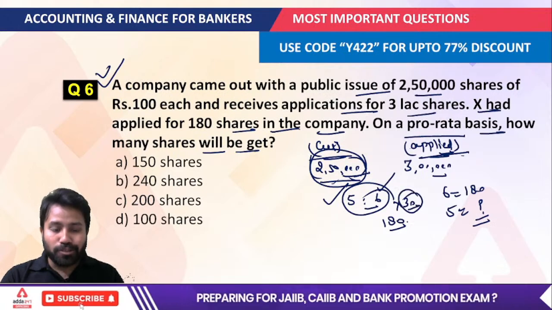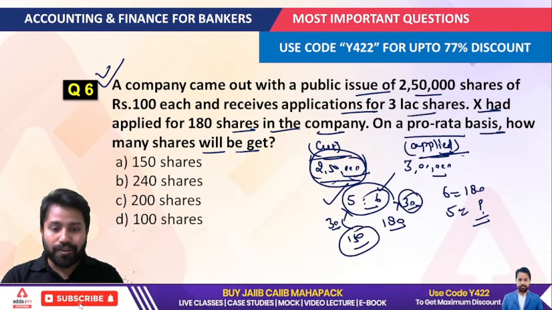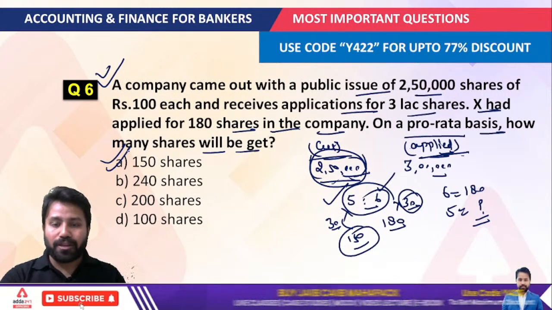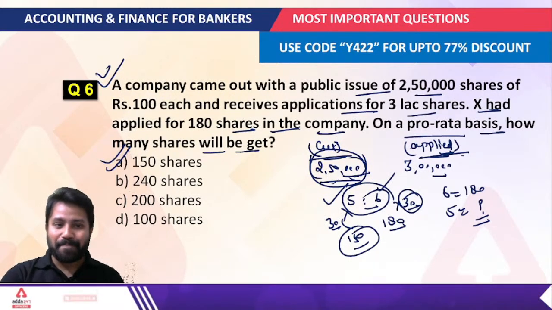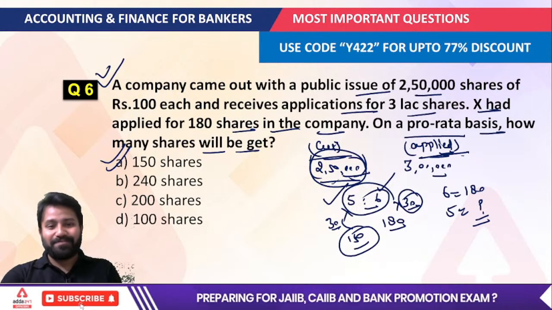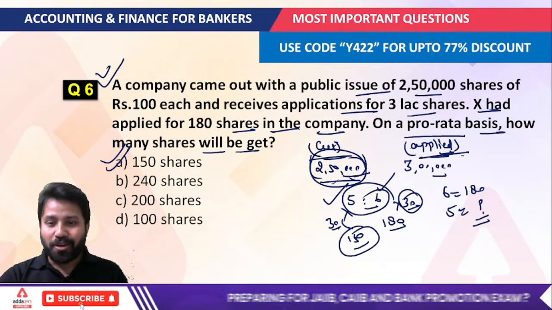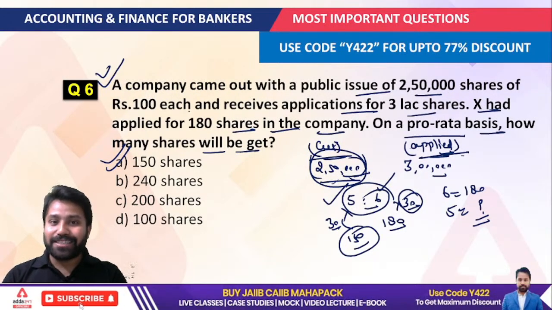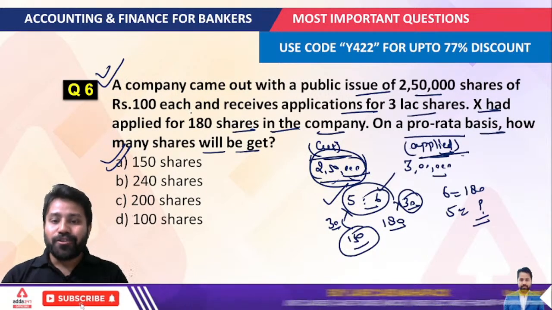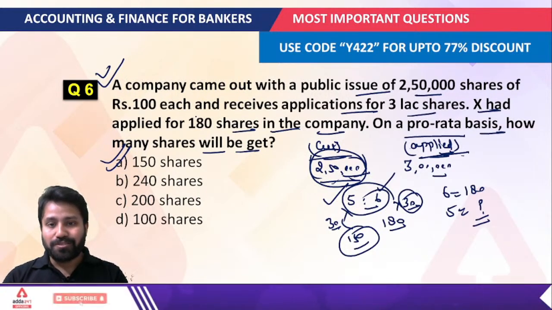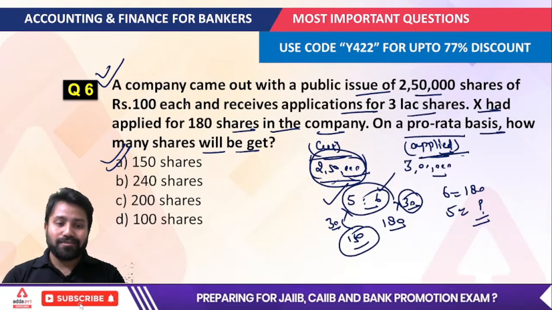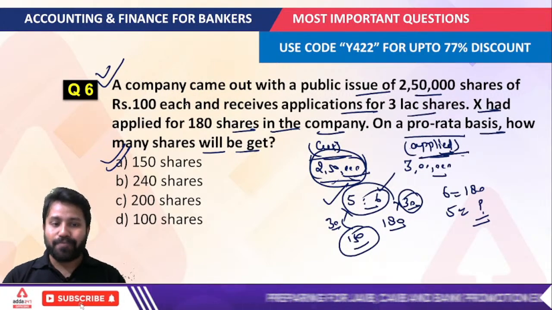This is a multiplication by 30, and the same multiplication by 30 gives 150. The correct answer for this question is 150. So this is how you have to solve, and on the pro rata basis you are going to get this kind of question in the examination. I am hoping it is understandable for everyone.